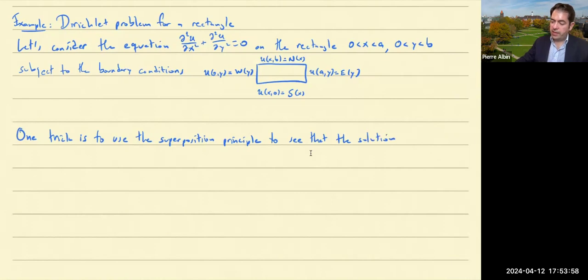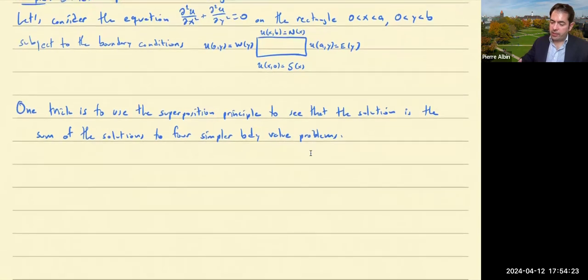We can use this to see that the solution is the sum of the solutions to 4 simpler boundary value problems, right? It's exactly the 4 you would think. All we're going to do is pick one of the boundaries and set all of the other boundary conditions equal to 0. So let's denote it like this.